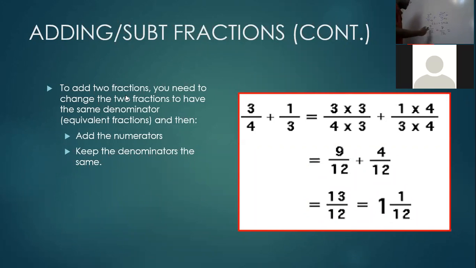The numerators are the top numbers. And we get 17. And then we keep the denominators the same.